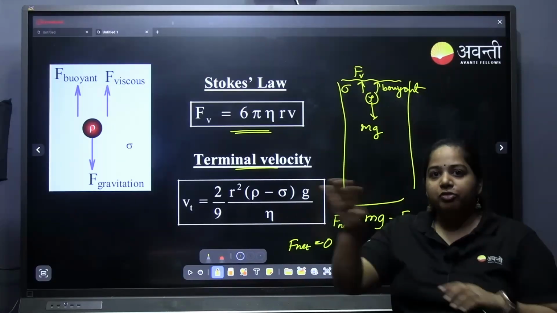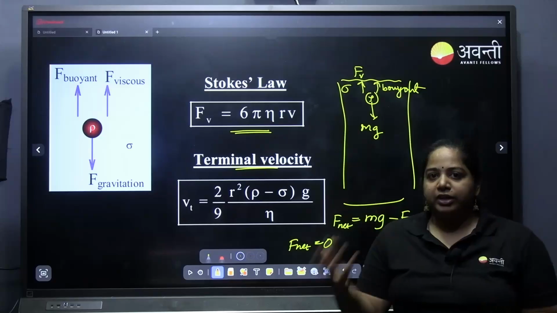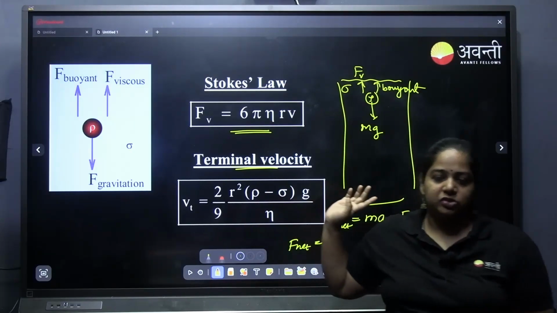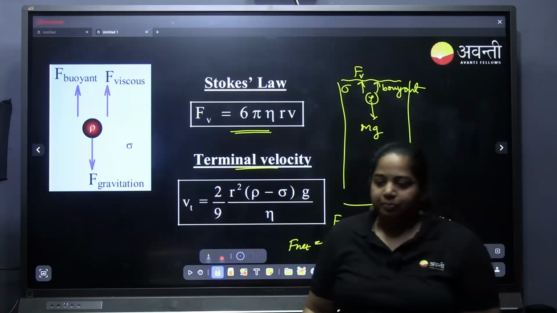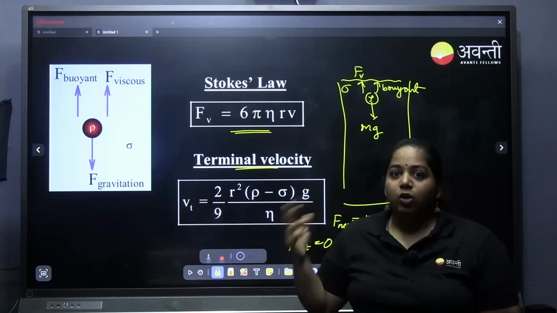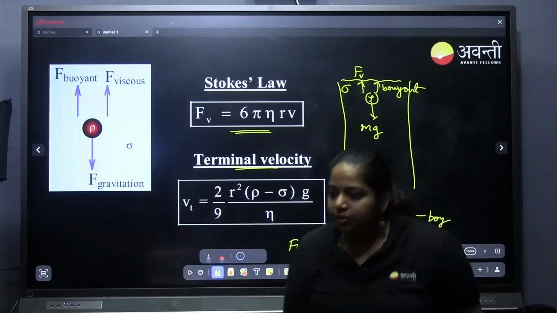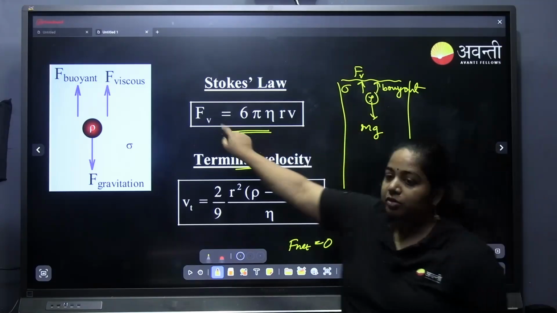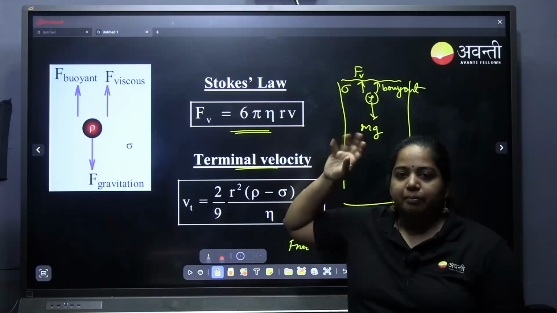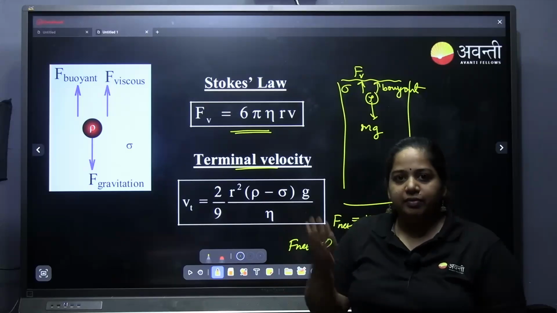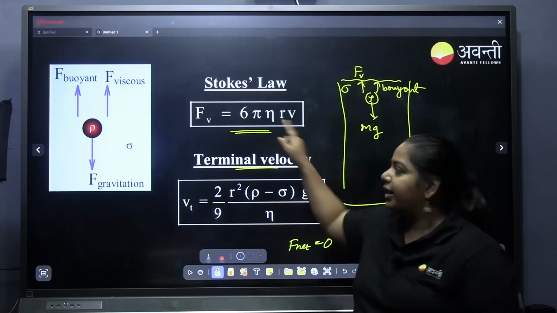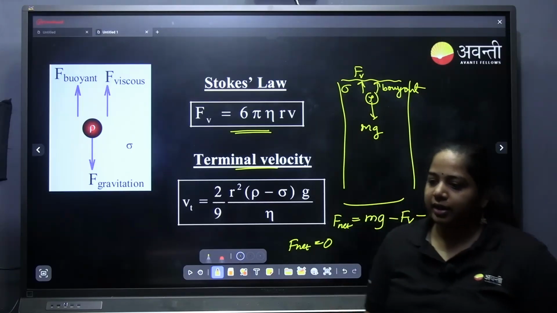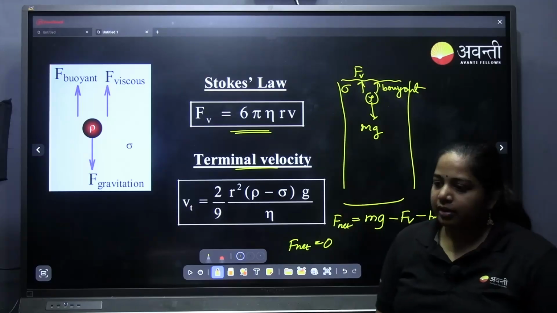When all forces cancel out, net force becomes 0 and the object falls with constant velocity, which is called terminal velocity. What is Fv? Fv is the viscous force from Stokes law. Because of the resistance in the fluid, there will be a drag force, right? That drag force is Fv. Is that clear?